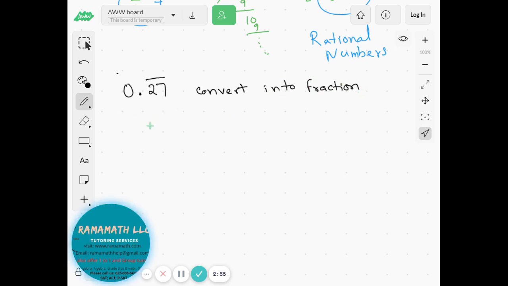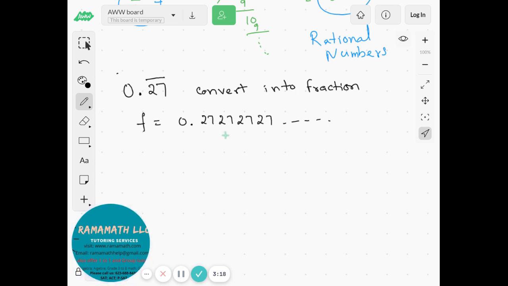So when I want to convert into a fraction, let's say f equals this number. So if I write this, 27, 27, you see 27 is repeating. Makes sense? When we write this fraction, f means 0.272727.